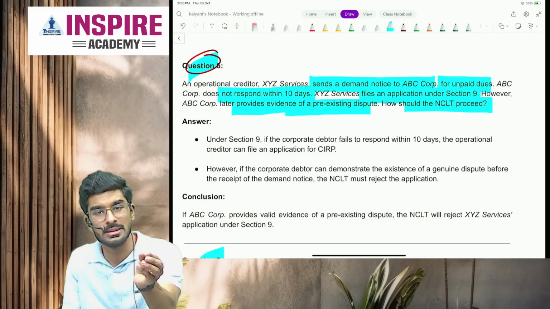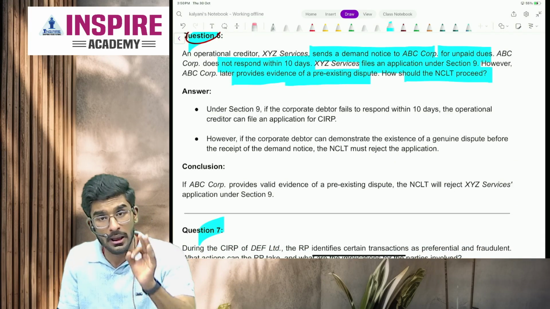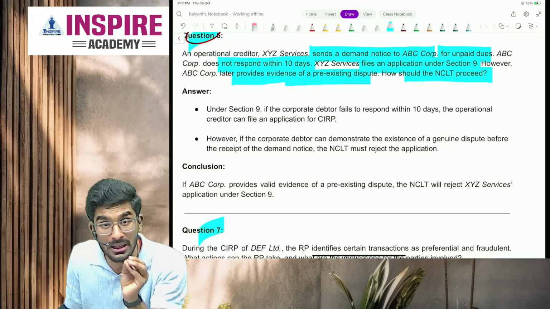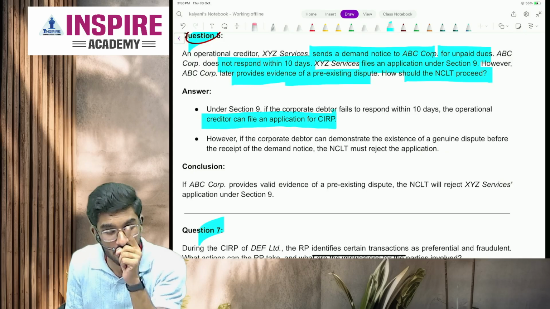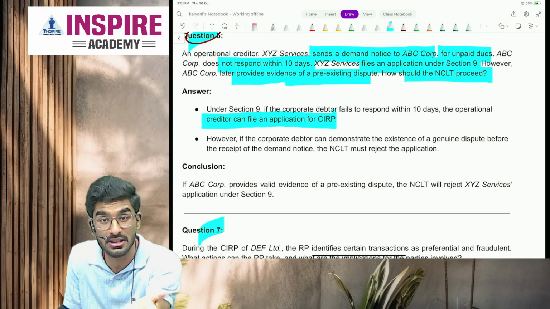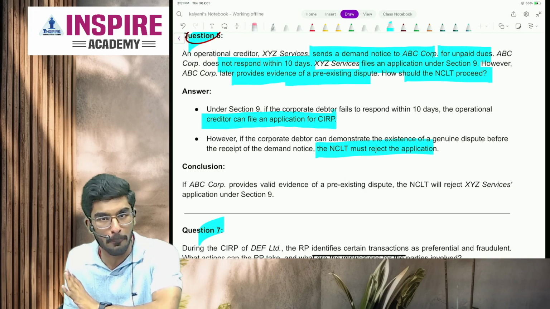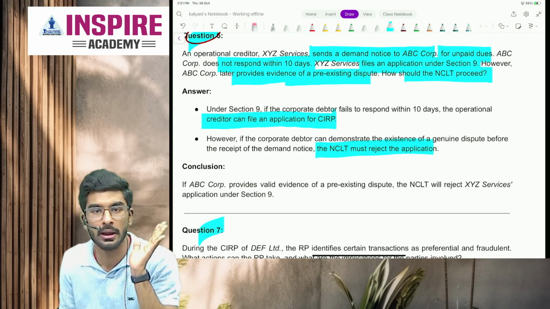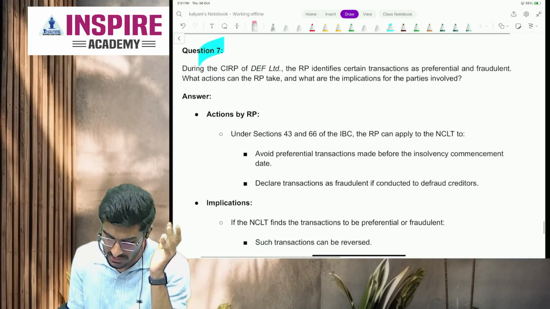How should the NCLT proceed? Under Section 9, if the corporate debtor fails to respond within 10 days, the operational creditor can file for CIRP. Yes or no? Now that he has filed for CIRP, there is an existing dispute. So NCLT must reject the application if there is a genuine dispute. Yes or no, people?